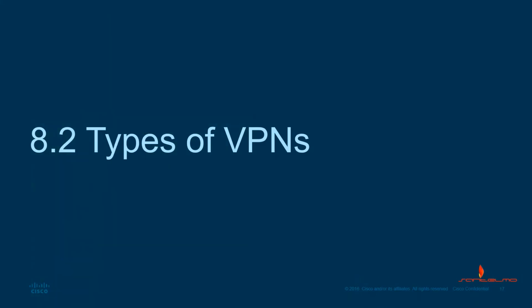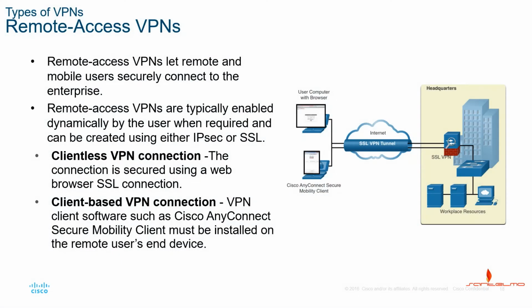Next, let's talk about the types of VPNs. In the previous topic, you learned about the basics of VPNs. Here, you will learn about the types of VPNs. VPNs have become the logical solution for remote access connectivity for many reasons. As shown in the diagram, remote access VPNs let remote and mobile users, characterized by a user computer with a browser and the Cisco AnyConnect Secure Mobility Client, securely connect to the enterprise by creating an encrypted tunnel in between.